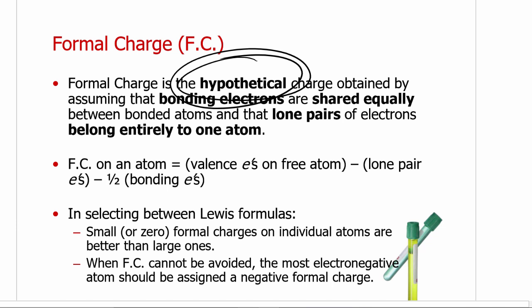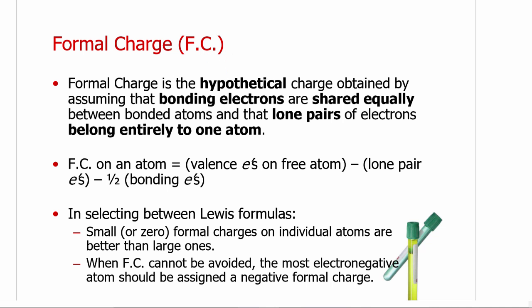So again, it's hypothetical. It's something that isn't real. It's not something where, if you look at an atom, you can say, oh, because it has this type of charge, it's going to attract. It has nothing to do with that. It's a hypothetical charge that assumes that bonding electrons are shared equally between bonded atoms, and that lone pairs of electrons belong entirely to one atom.